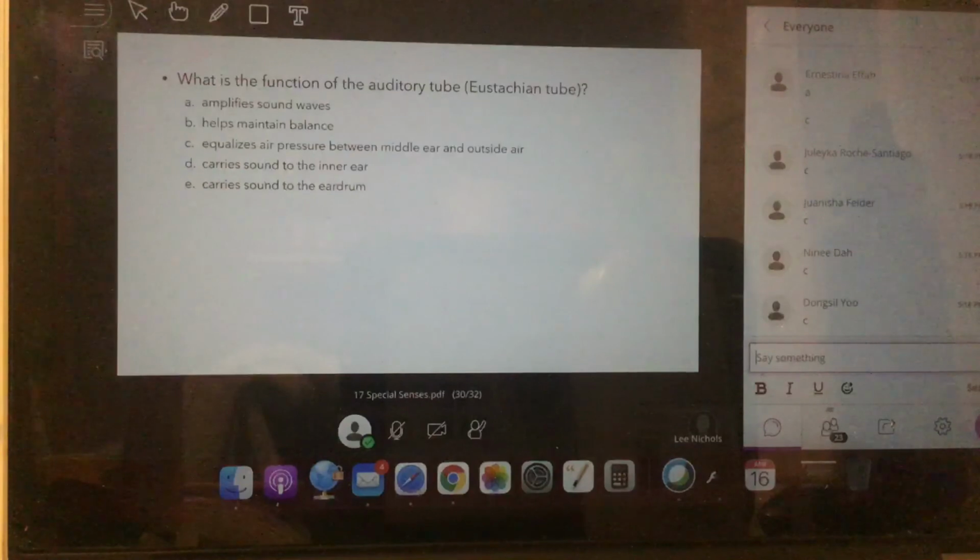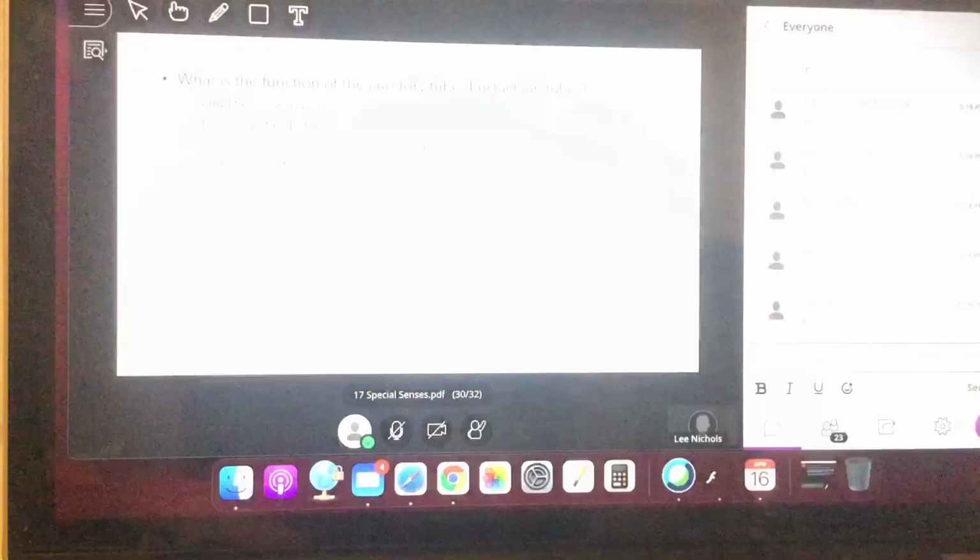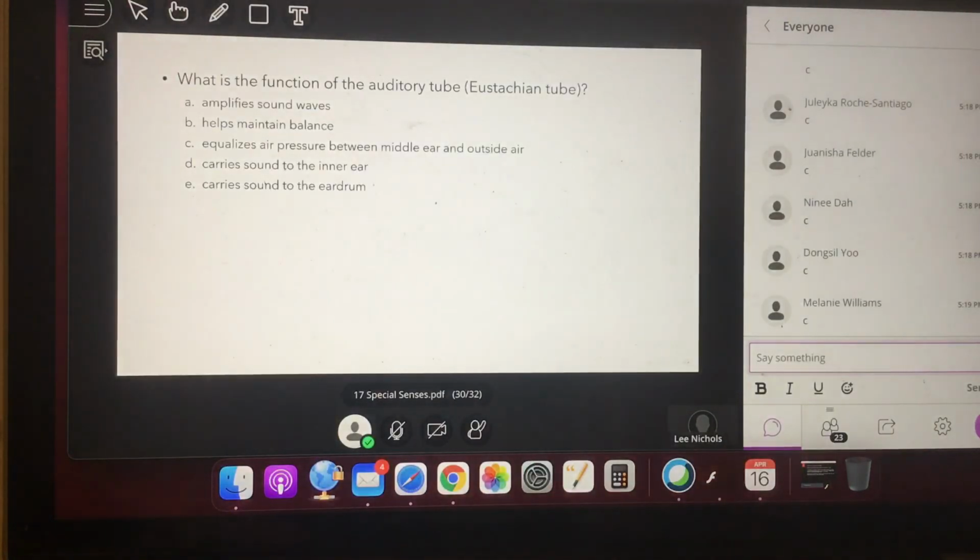One of the tricks to watch out for is there is a tendency to say, "Oh, that's for fluid drainage." Technically, there is a little bit of drainage, but that's not the main function of the eustachian tube. Its main job is to equalize the air pressure between the middle ear and the outside air.